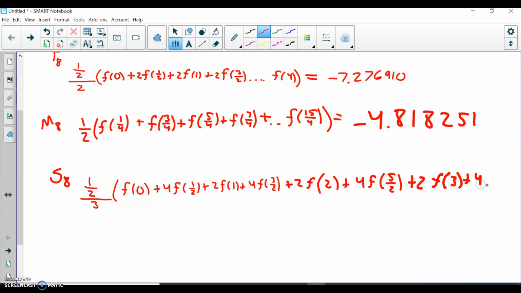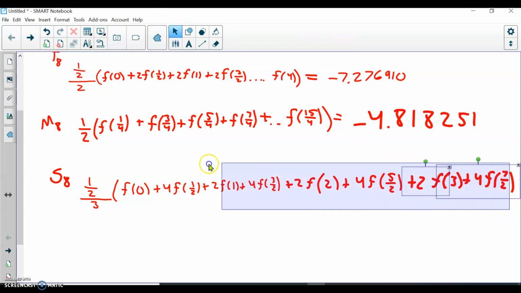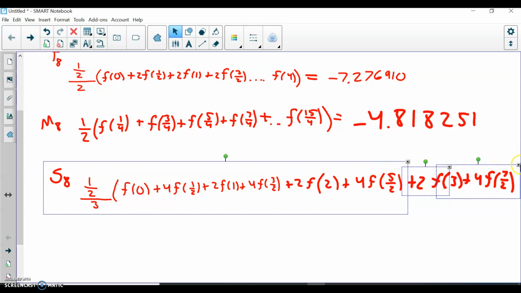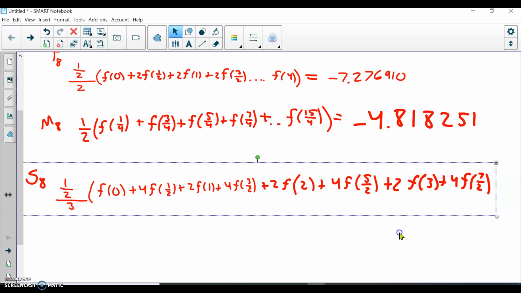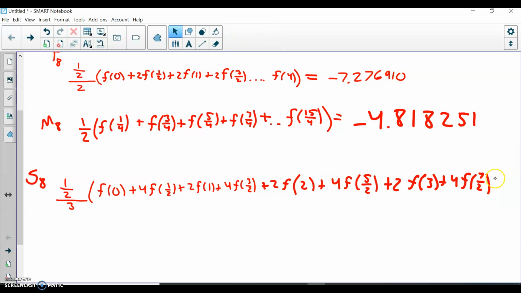Plus 4 times f of 7/2. And then since we had to go to 4, which is 8/2, our last term is just f of 8/2. Remember, the last term has a coefficient of 1. So we need one more f of 4 itself.